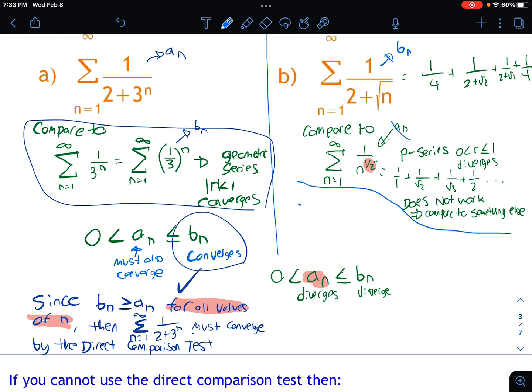Okay, this one doesn't work. We're going to try to make that b sub n. It always has to be larger. So let's compare it to the series from n equals 1 to infinity of 1 over n. We know that this diverges since it's harmonic.